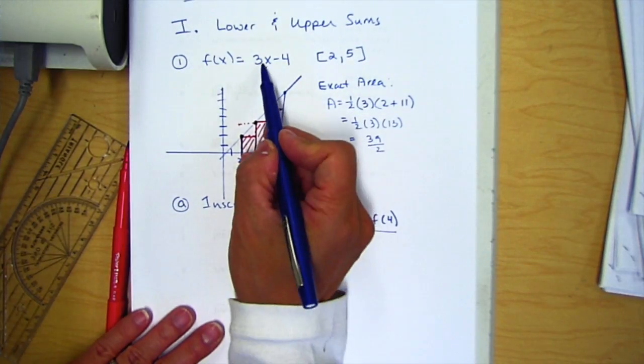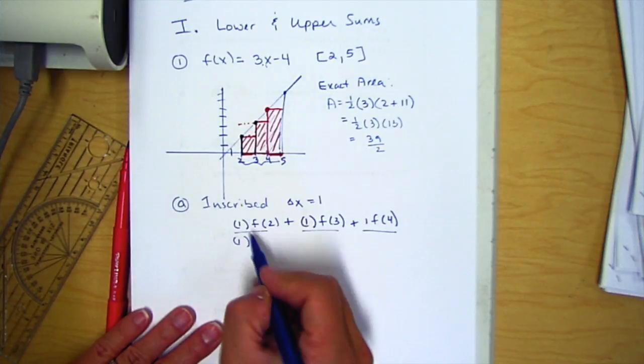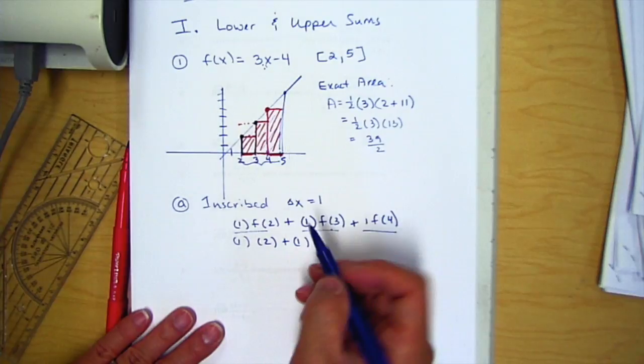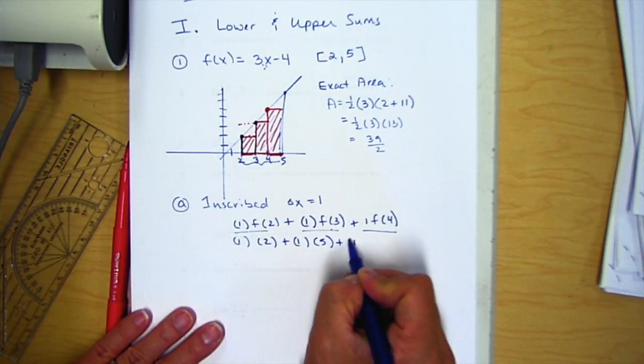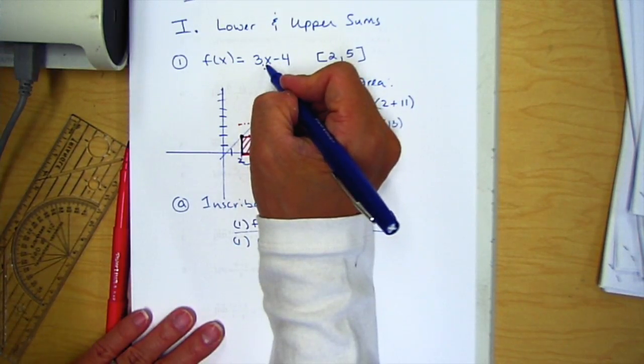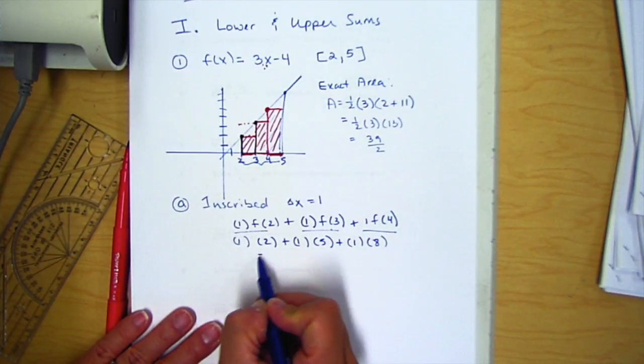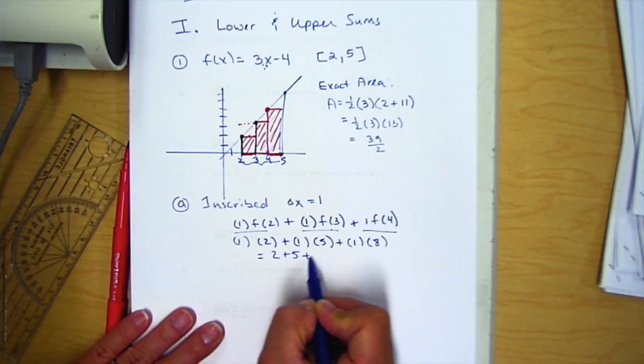Let's go ahead and punch out these numbers. f of 2 is going to be 2. f of 3, if I plug in 3 here, is 9 minus 4, which is 5. f of 4 is 12 minus 4, which is going to be 8. So this is 2 plus 5 plus 8, which is 15.